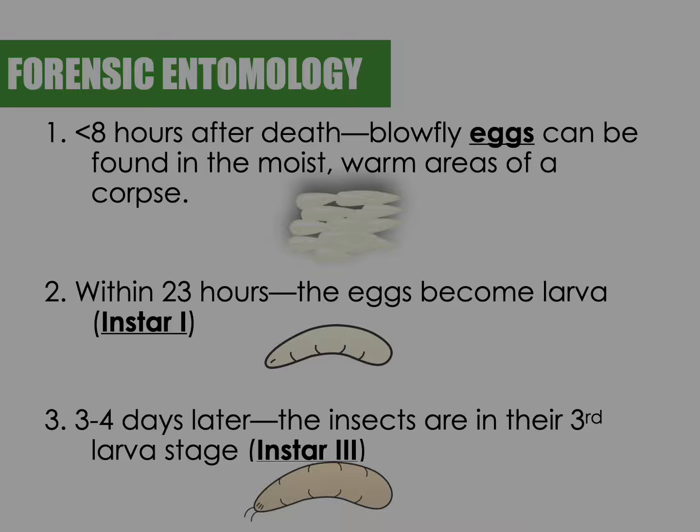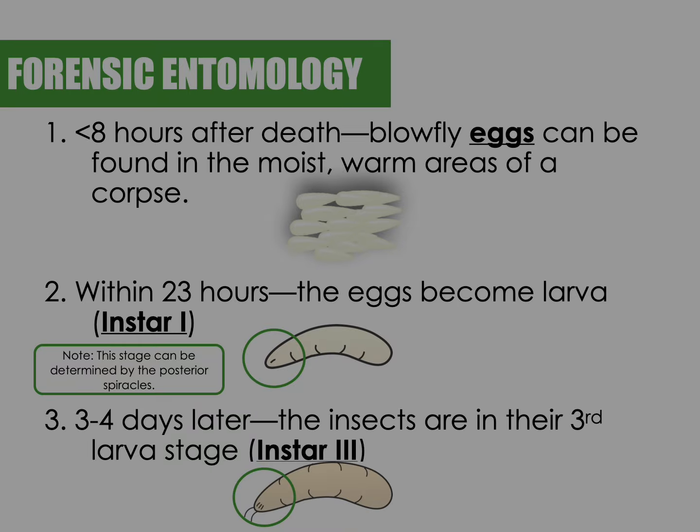3 to 4 days after that, the insects are in their 3rd larva stage, which is called instar 3. And the way that we're able to tell these different stages is by the posterior spiracles. These spiracles are at the back end. Posterior means back end of the larva.